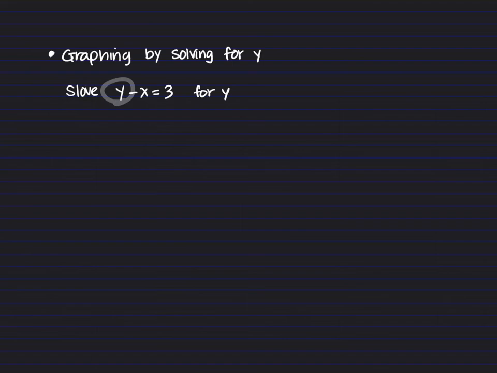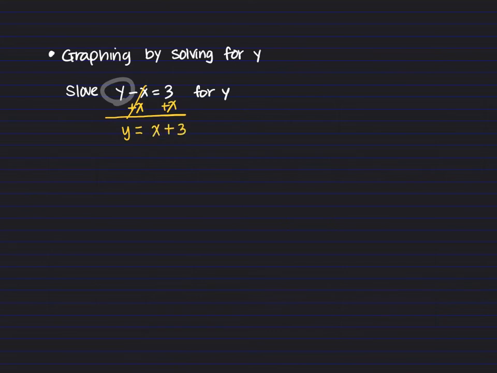I have y minus x, so I'm going to get rid of the x by adding x on both sides. When I do that, I have y on the left side by itself, and on the right side I'll have x plus 3.